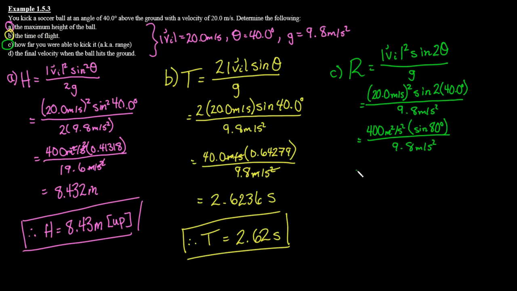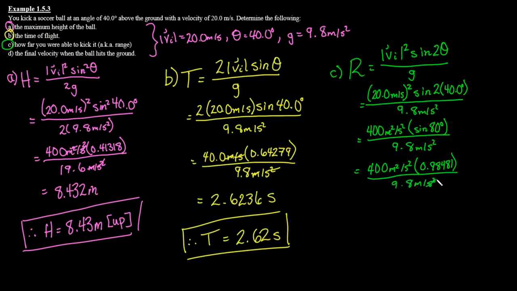So you end up with 400 meters squared per second squared times sine 80, which is roughly 0.98481, divided by your 9.8 meters per second squared.